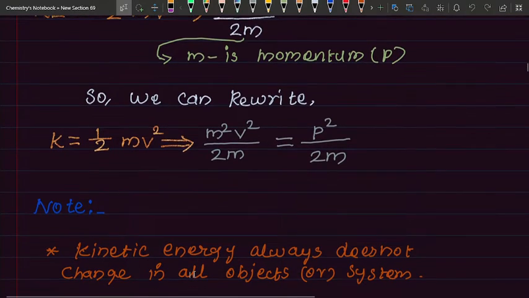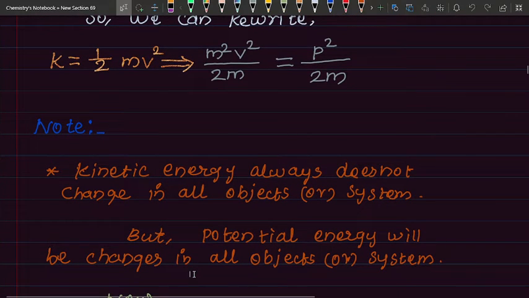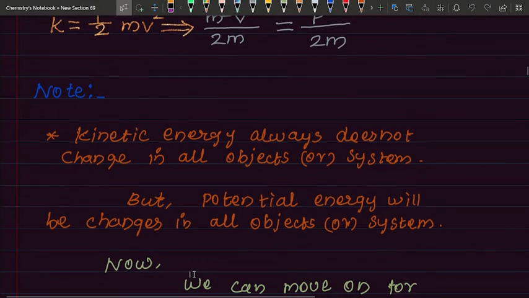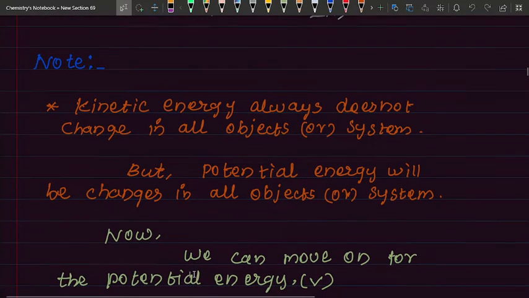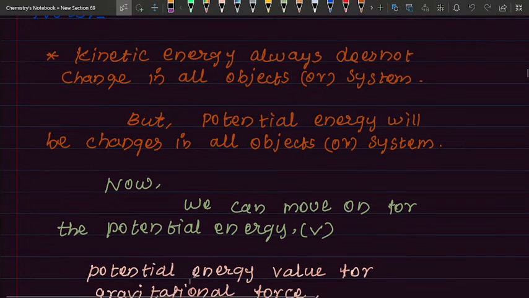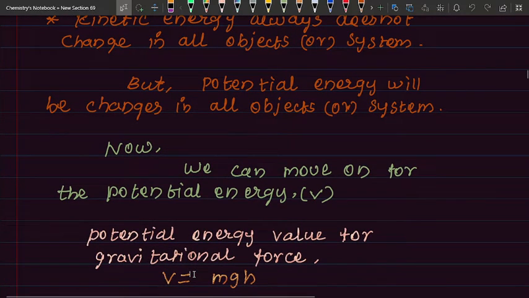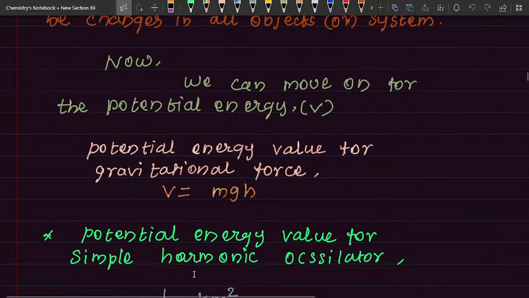Please note, kinetic energy does not change in all objects or systems, but the potential energy changes in all objects or systems. Now we move on to potential energy V. The potential energy value for gravitational force is V equals mgh.